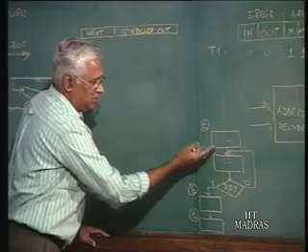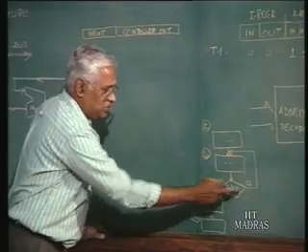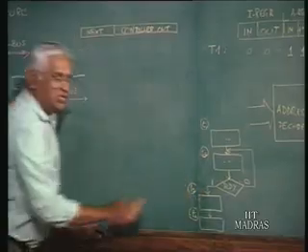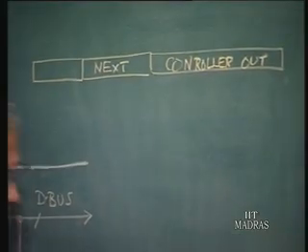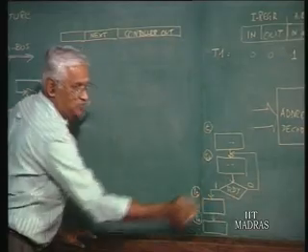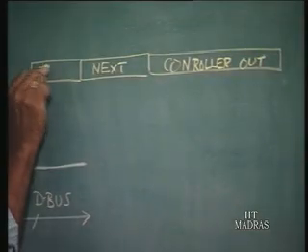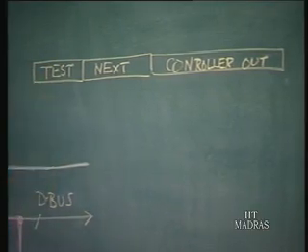It so happens for T1 the next state is T2, but in the case of T2 it depends on an input. It may be T2 or it may be T3. And then another one is, in a given state, what are the inputs to be checked here? That is generally called inputs to be tested, or we will just call that test.